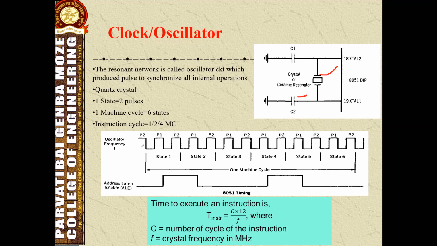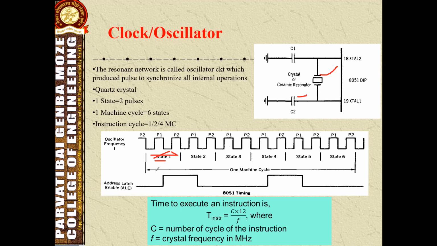See here, the quartz crystal will generate this type of pulse. Two pulses are called one state. For executing an instruction in one machine cycle, many pulses are required. How do we say how many pulses are required?